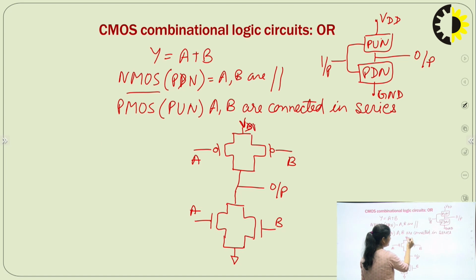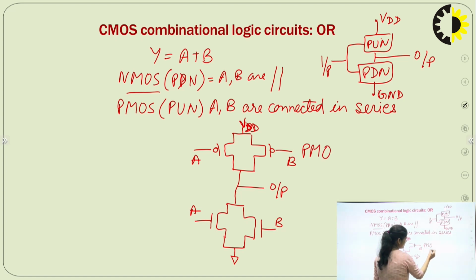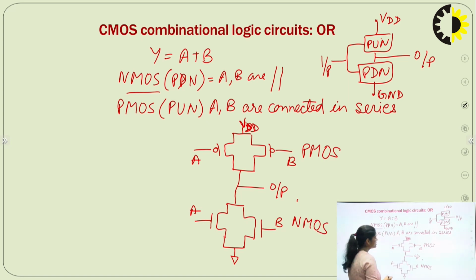This is VDD. This one is PMOS, and this one is NMOS. So this is the CMOS implementation of the OR gate.